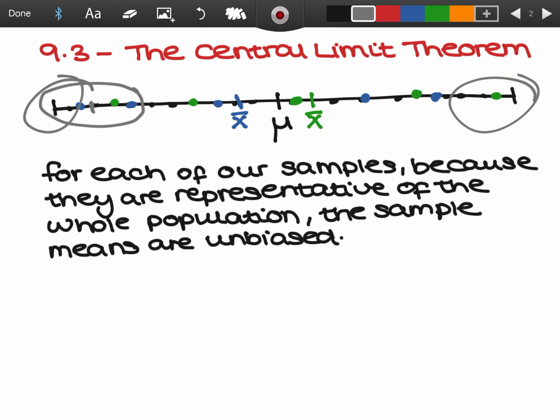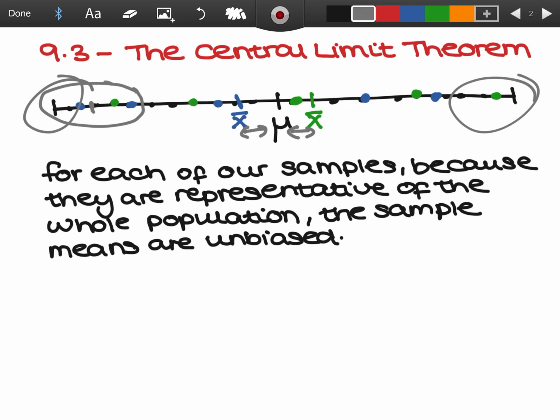In order to be a good estimator of our population mean, the sample mean should land somewhat close to it, so we don't have a huge amount of variation between our sample means and our population mean.